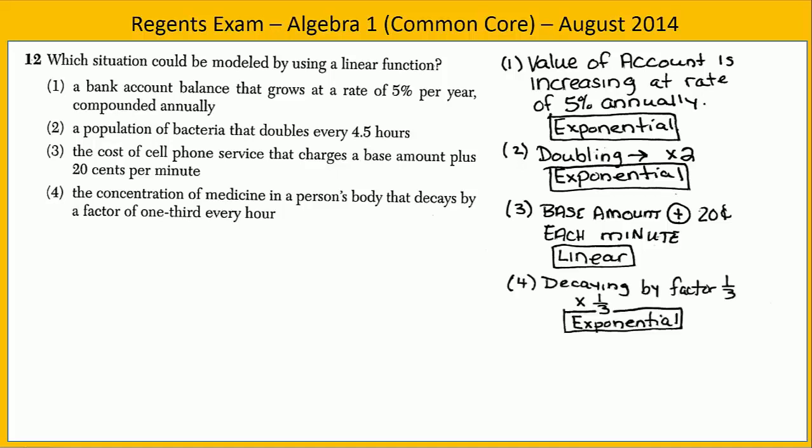Option 4 says the concentration of medicine in a person's body decays by a factor of 1/3 every hour. If it decays by a factor of 1/3, it means that we're multiplying by 1/3 repeatedly. Repeated multiplication is an exponential function. Which situation can be modeled by using a linear function? Choice 3, the cost of the cell phone service.